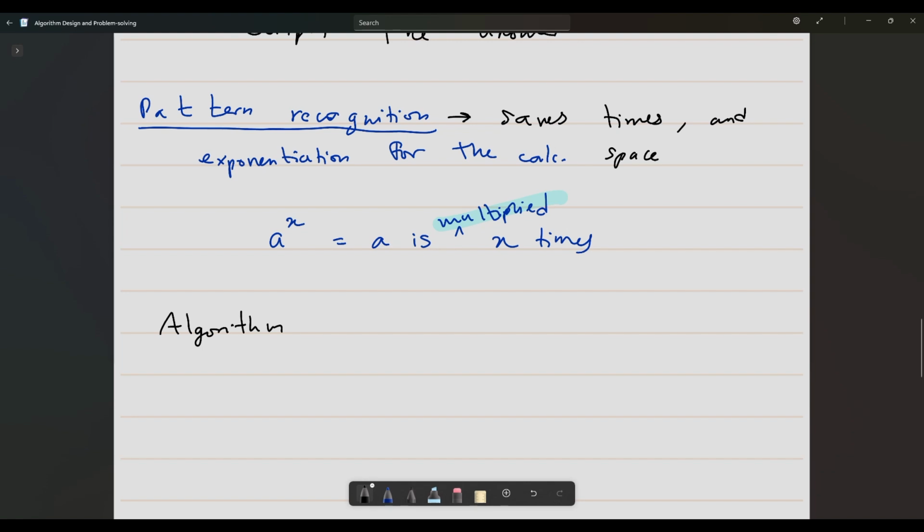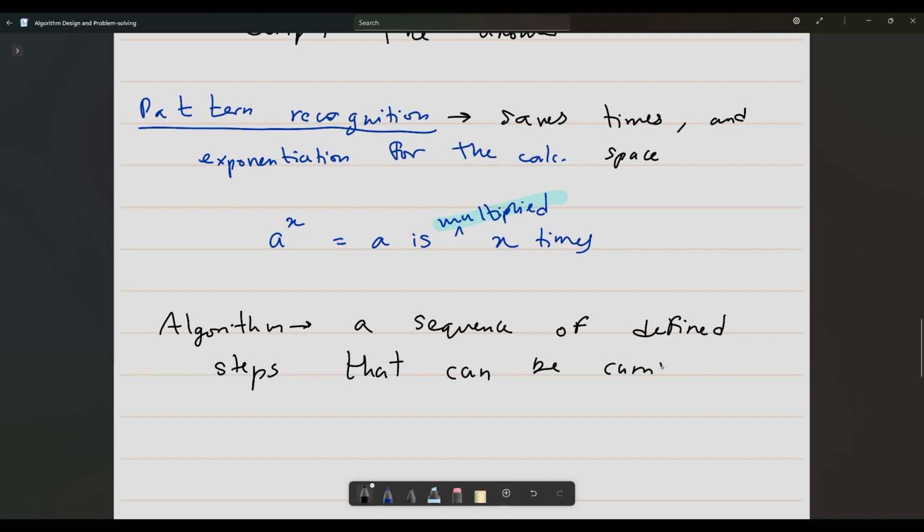We'll dive deep into algorithms in the next video, but simply put, an algorithm is just a sequence of defined steps that can be carried out to perform a task. That is what an algorithm is.